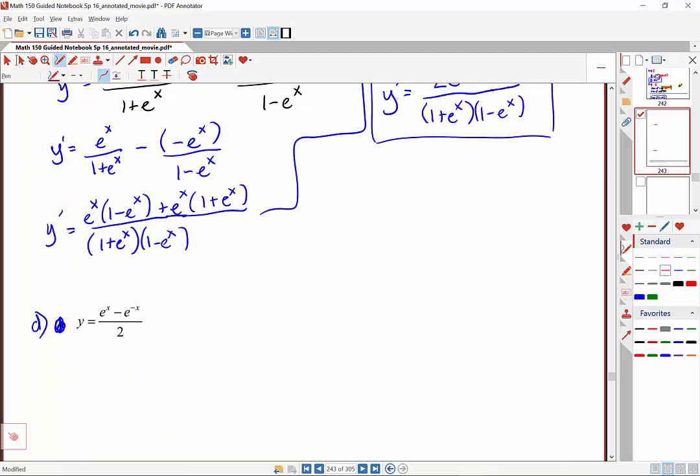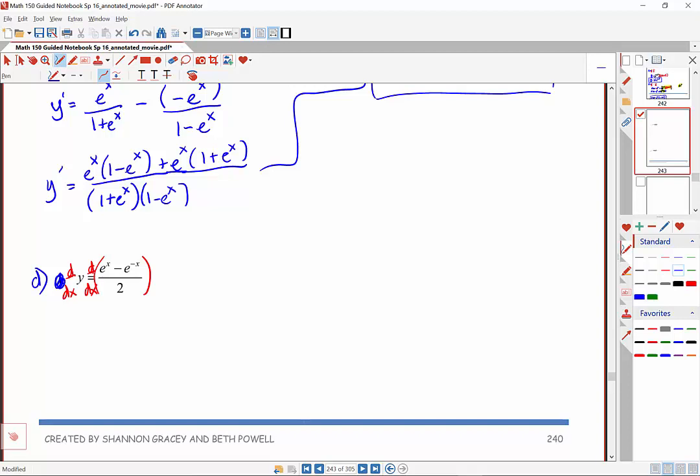So for this one, differentiating both sides with respect to x, we will have y prime equals, I'm going to pull out that 1/2.